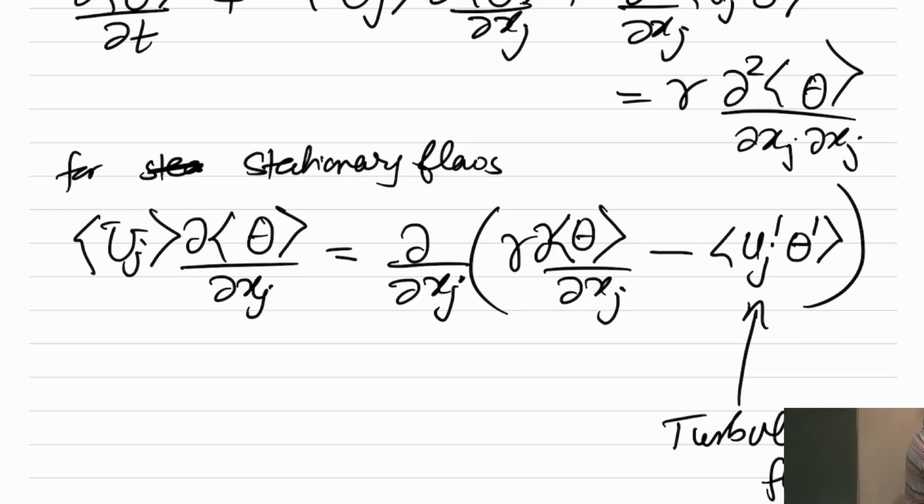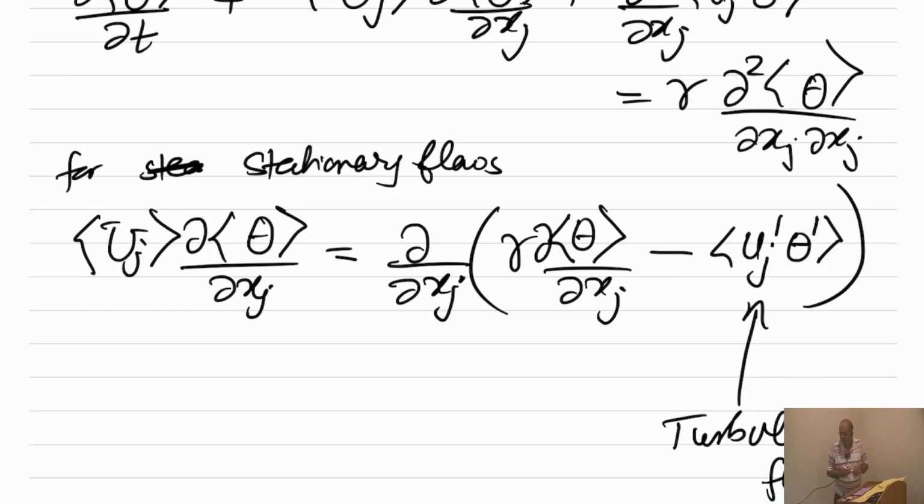I was debating whether I should bring it here or later when it is needed, but I thought at least let the equation be there for the sake of completeness. So this uj prime theta prime is the turbulent heat flux.